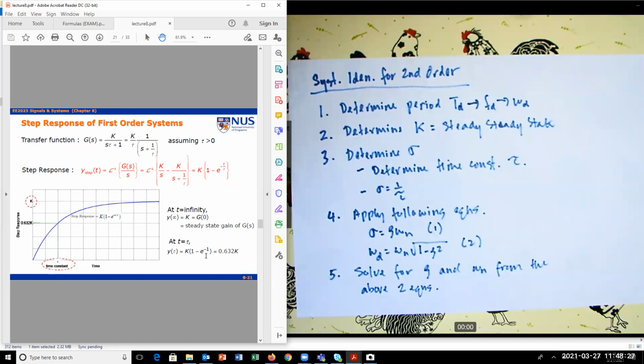And what is the value of y when t equals tau? It is 0.632, because 1 minus e to the minus 1 is 0.632. That's why when t equals tau, the value here is 0.632 of the final value.